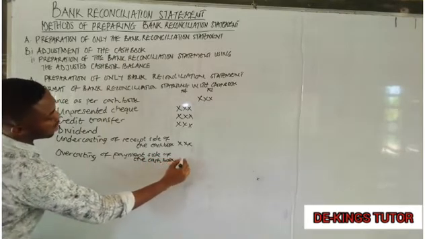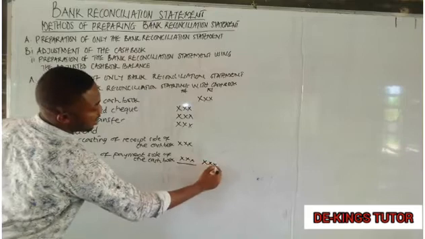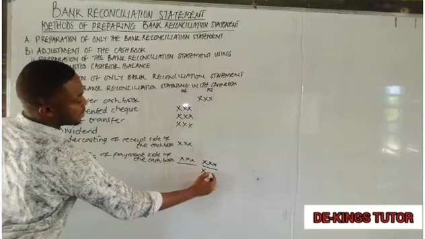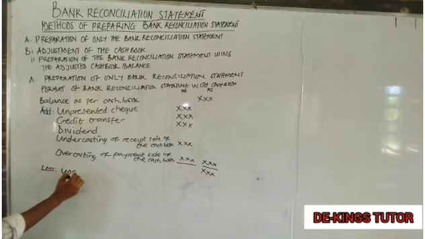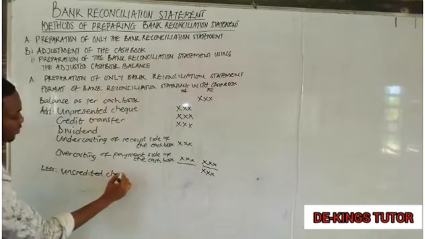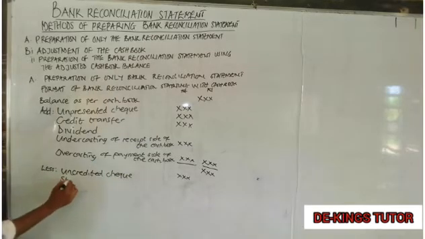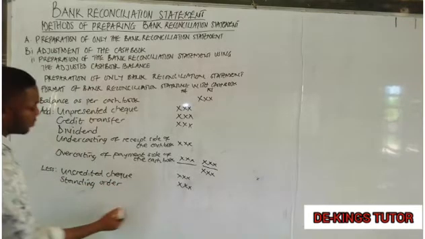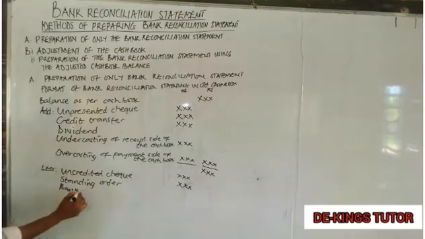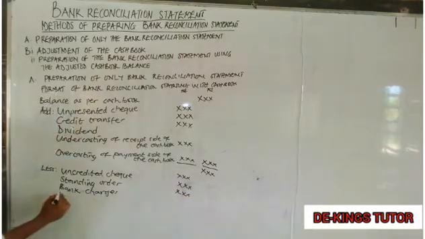After we add all this, the value comes here. The next one, you say less. We have less uncredited check, another one is standing order, another one is bank charges, you have a value for it, another one is bank commission, you have a value for it, another one is dishonored check, you have a value for it.